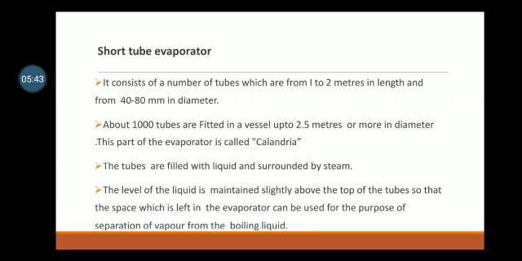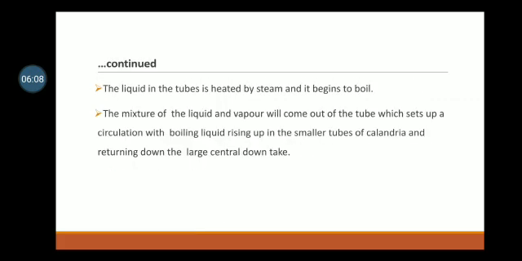This part of the evaporator is called the calandria. The tubes are filled with liquid and surrounded by steam. The level of the liquid is maintained slightly above the top of the tubes so that the space which is left in the evaporator can be used for the purpose of separation of vapor from the boiling liquid.